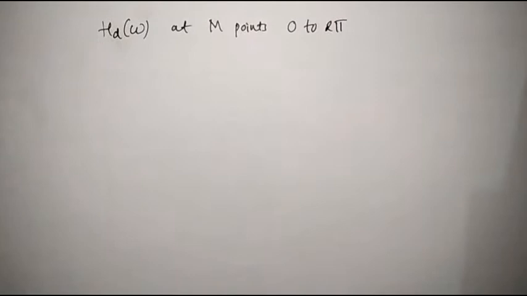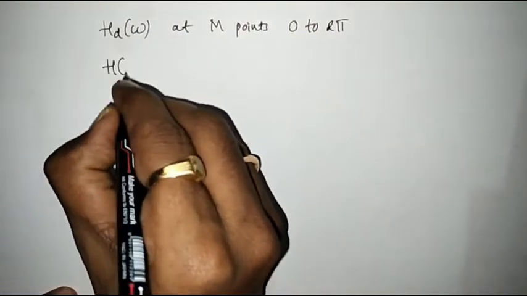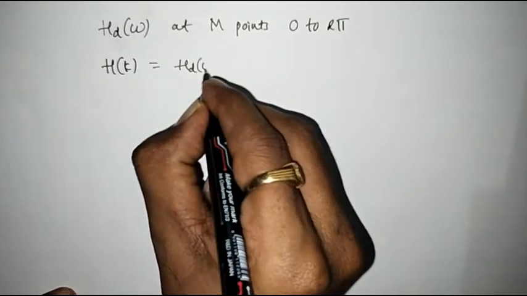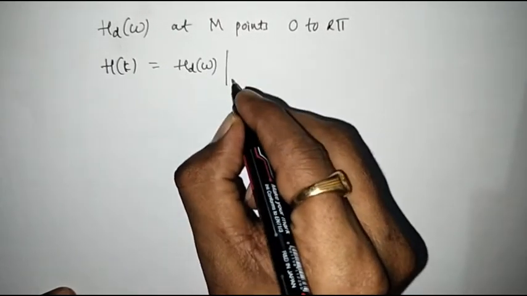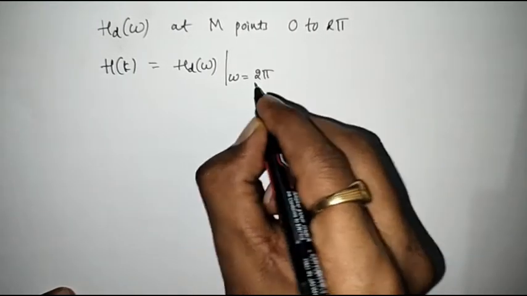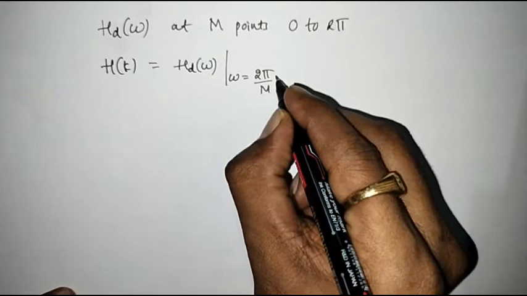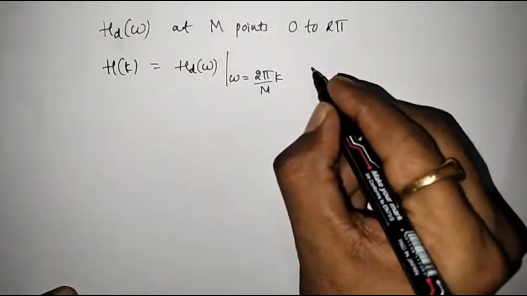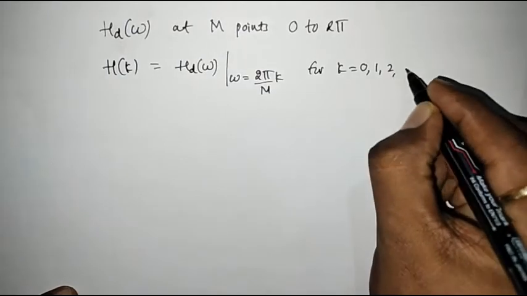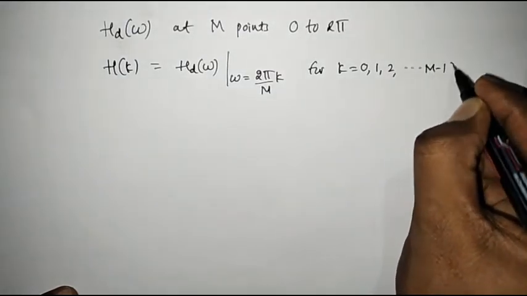Such a sampled desired frequency response is denoted as H of k, which is nothing but H_d of omega sampled at omega equal to 2 pi by M k, for k varying from 0, 1, 2 up to M minus 1.